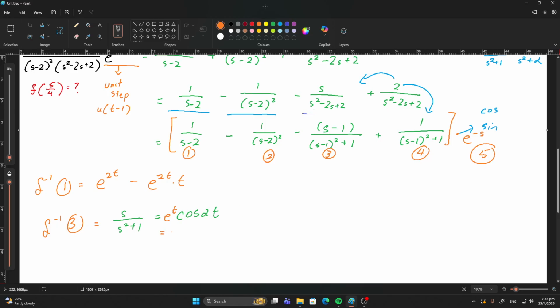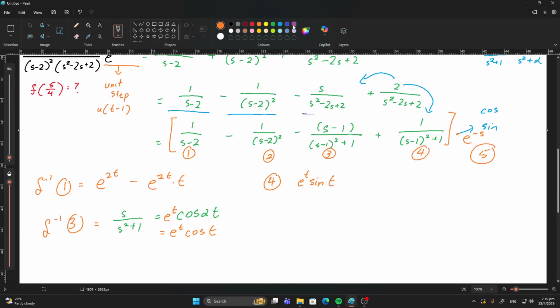Okay, so it becomes e to the t cosine alpha, alpha is 1, so cosine t. And last but not least, for the fourth term, you know, is sine, so let's go ahead and write the sine down first. Alpha is 1, and s minus 1, there we go, e to the t.